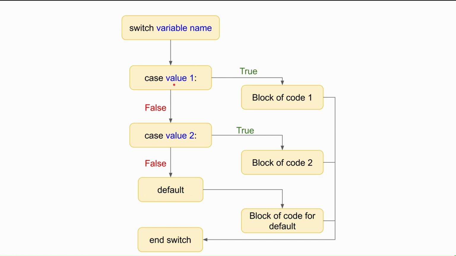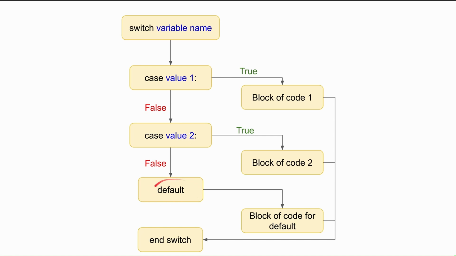However, if the value is not equal to the variable, then it's false, and we go to the next case, which is case value 2. If this value is equal to the variable, again we go through the true path to the block of code 2. When this is done, we go to the end switch. But if the variable is not equal to value 1 or value 2, then we keep going down to the default case.